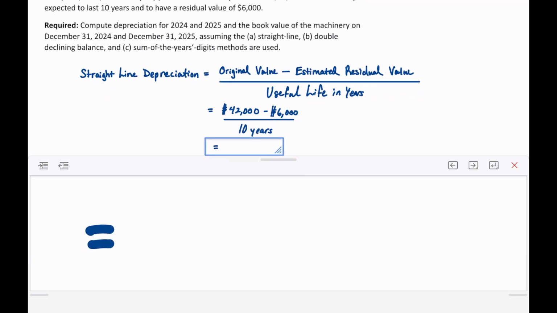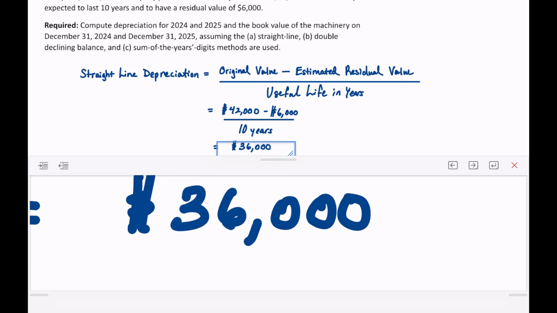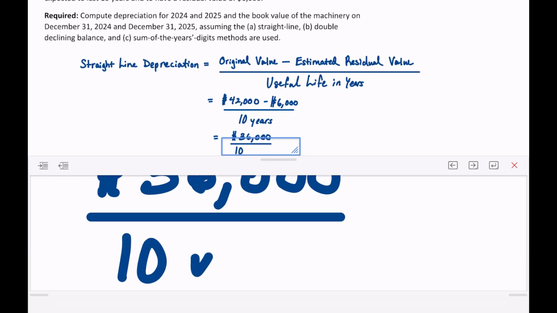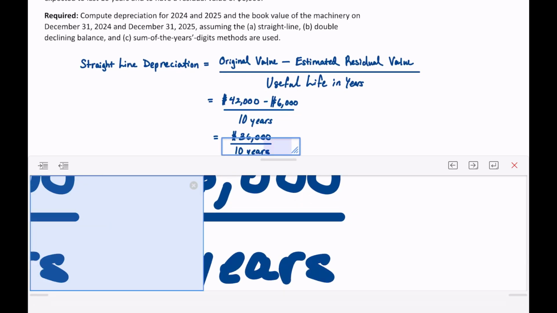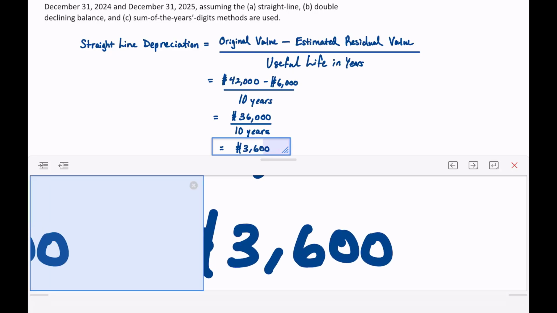and so our straight line depreciation expense per year is going to be 42 minus 6 is 36,000. Divide that by 10 years. And so our annual depreciation expense is $3,600 per year.